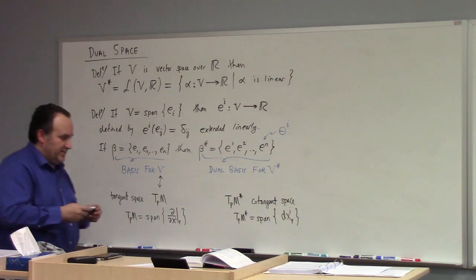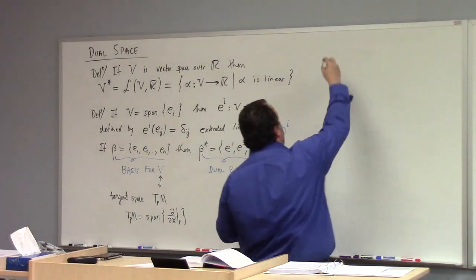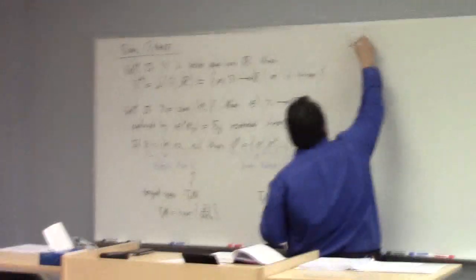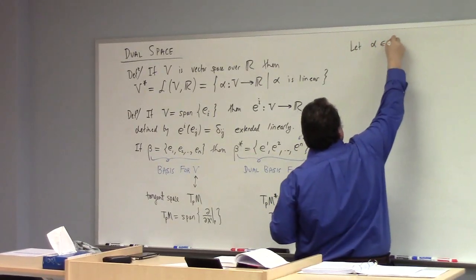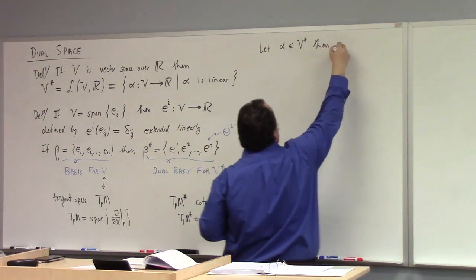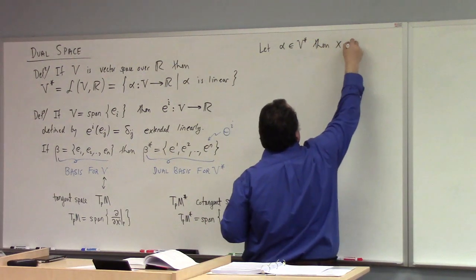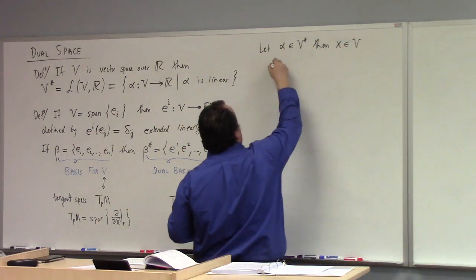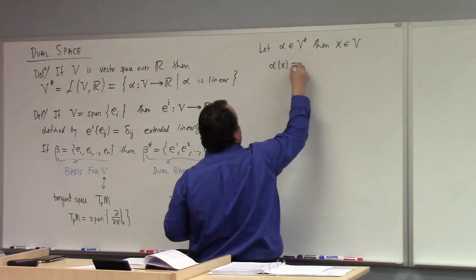So let me actually prove something. Let's look at a calculation. Let alpha be a dual vector. Then let x be a vector. Alpha of x is equal to what?